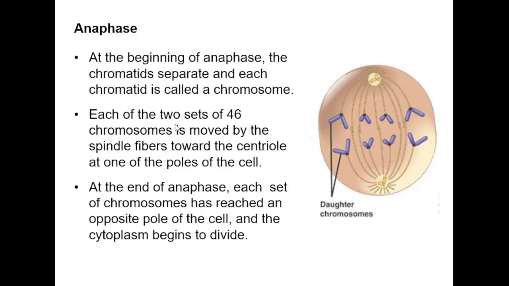All right? So each of the 2 sets of 46 chromosomes will be moving towards the opposite ends. So this end will get 46 chromosomes, and this end will also get 46 chromosomes. And at the end of anaphase, each set of chromosome will be able to reach the opposite pole, and the cytoplasm will start to divide.